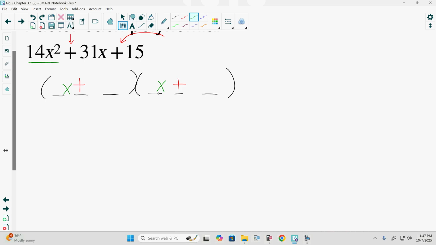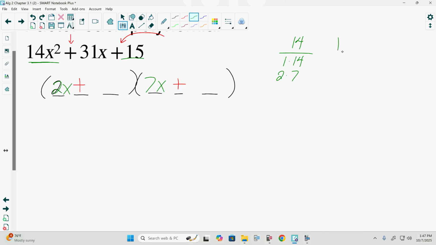Now 14. So that's going to be 1 and 14 or 2 and 7. Which one do we want to try first? Because at this point, it really doesn't matter. We need to plug it in and then check from there.